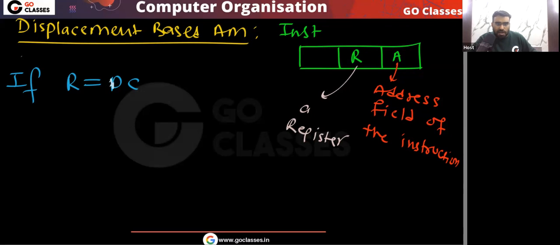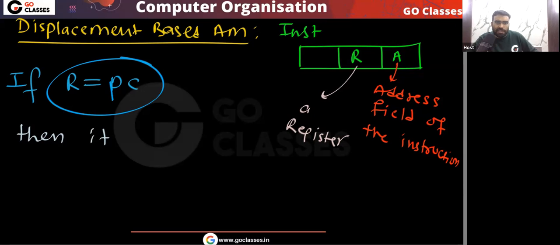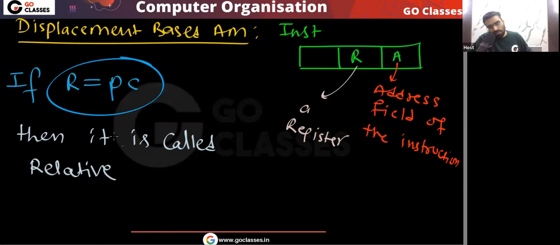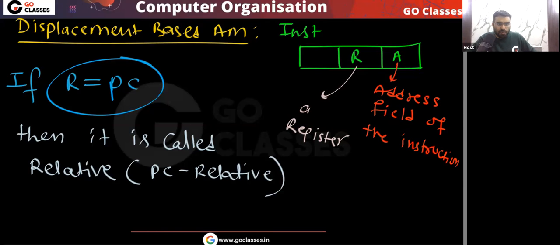If this register R is a program counter, then it is called relative addressing mode, or you can say PC relative. By default, relative means PC relative. So remember, if this register R is program counter, then it is called relative addressing mode.